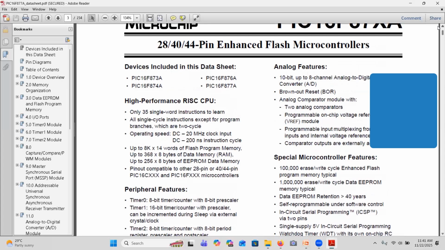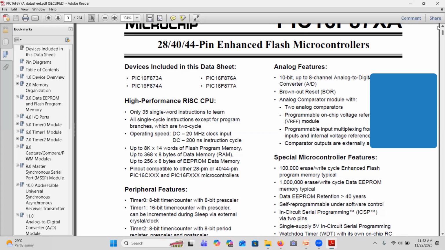So analog feature: 10-bit, up to 8-channel analog to digital converter. If they say 8-channel, will there be 8 ADCs? What do they really mean?